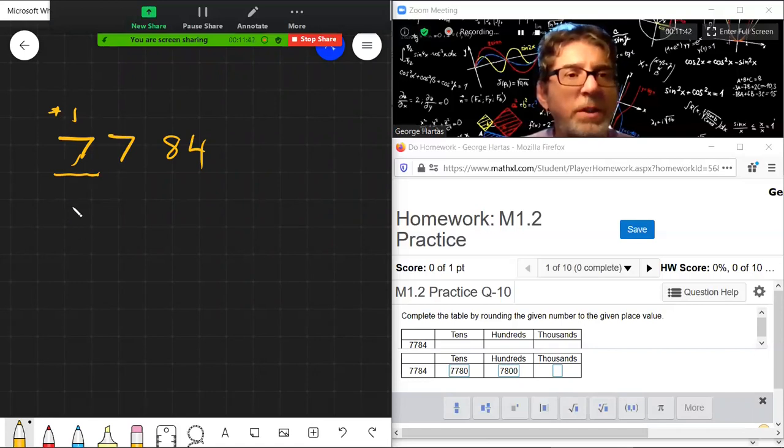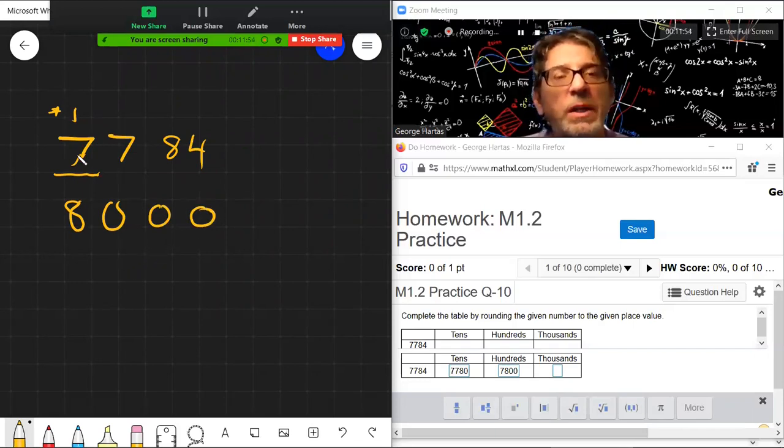So 1 plus 7 is 8. Any digit to the right of the underline comes down as zeros. So here what we're saying is 7784 is closer to 8,000 than 7,000. So hopefully you see the pattern here.